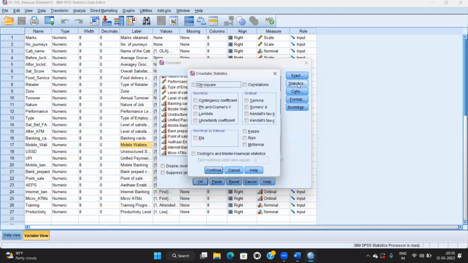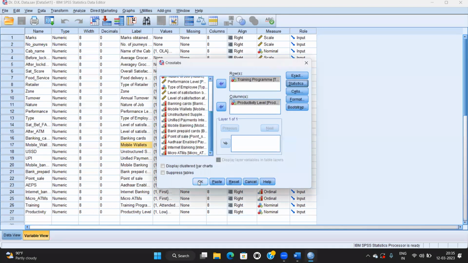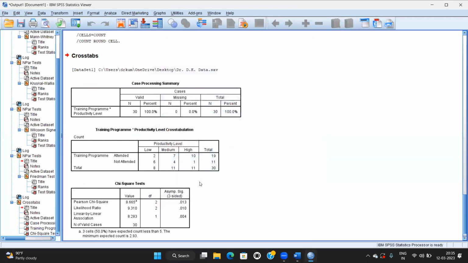If you click on this button, you can find a number of statistics tools. First one, chi-square. It is not selected by default, so you can select it manually. Then continue. Then OK.